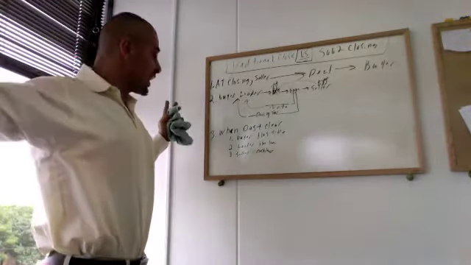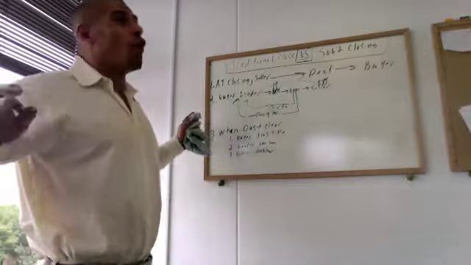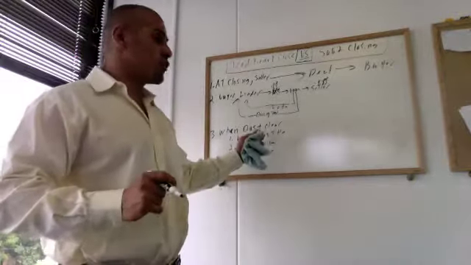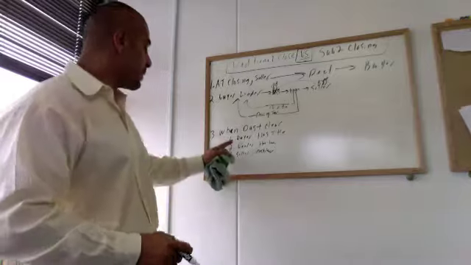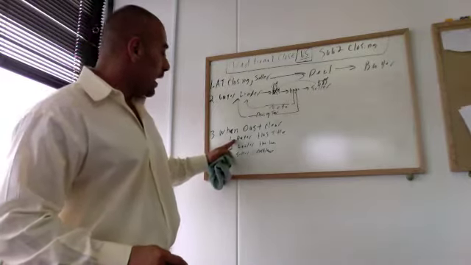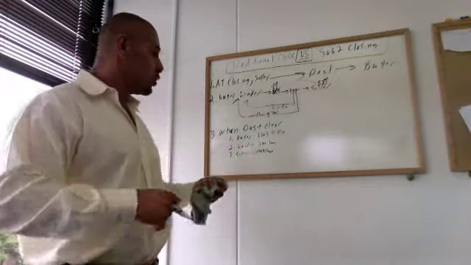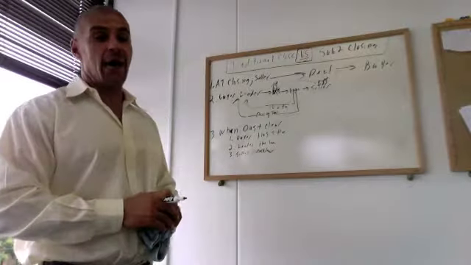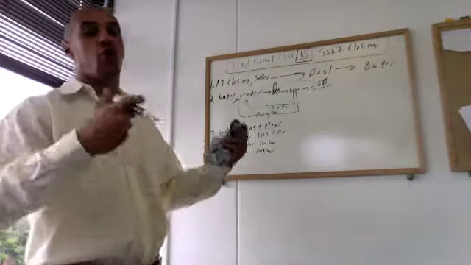Now, when the dust clears, what I mean by that is when the transaction is all over, the buyer has title to the property now, or has a deed in his name, or he's the owner of the property.